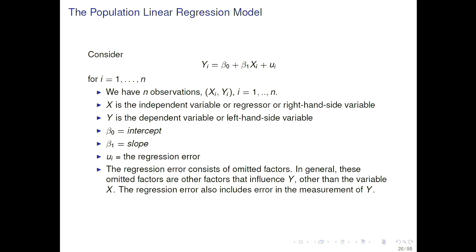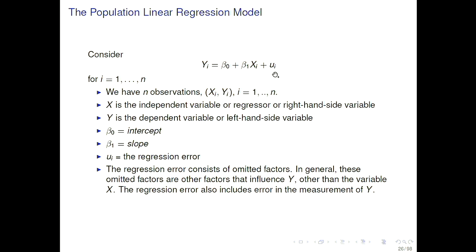Similarly, parents' income level may affect students' test score. There could be so many other elements that determine test score. So when we write the test score as a function of student-teacher ratio, then this U will collect all other things.